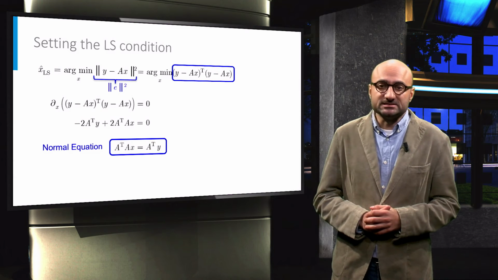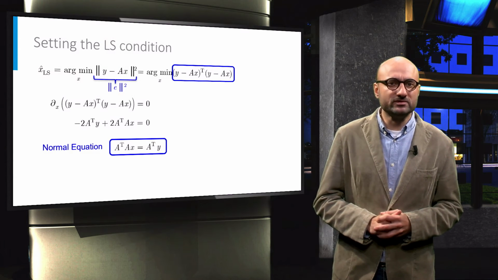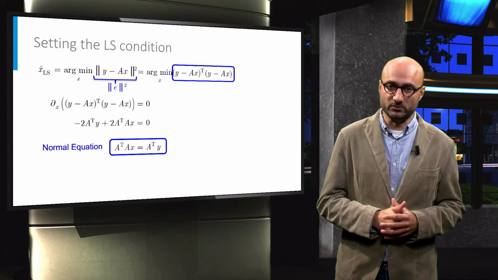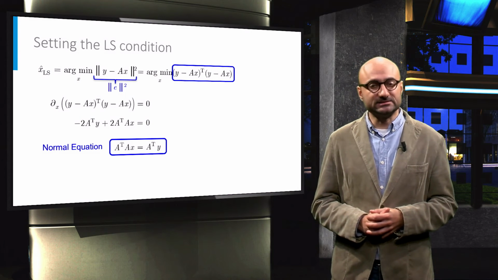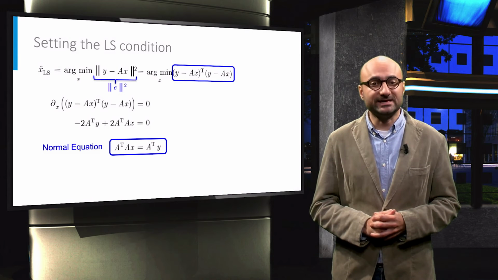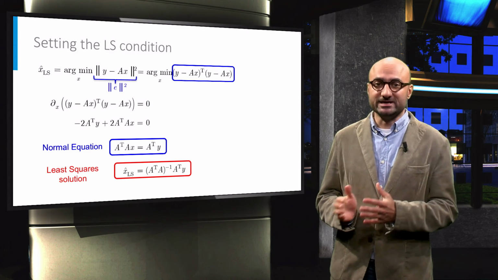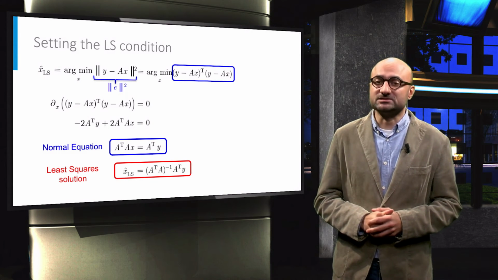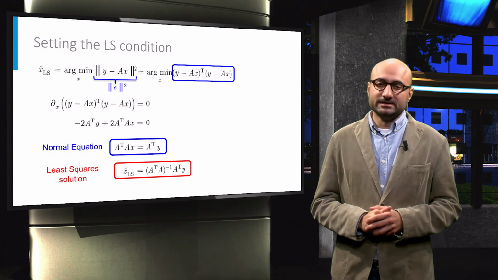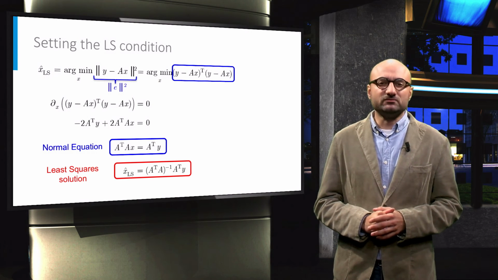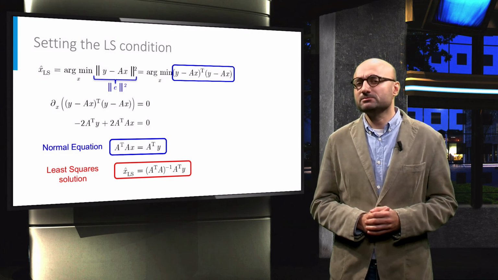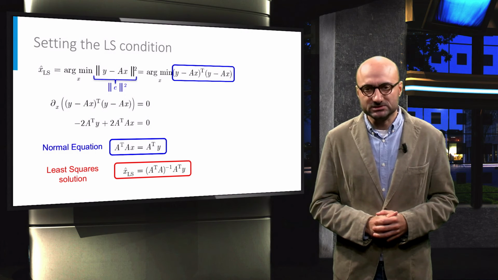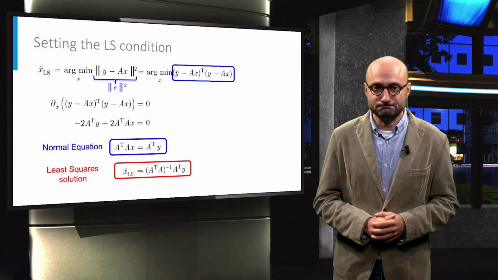The solution can simply be computed by taking the inverse of the left-hand side of the normal equation and multiplying it by its right-hand side. The least squares estimate is then computed as the inverse of A transpose A multiplied by A transpose y. Therefore, if we have an observation vector y and a design matrix A, we can simply put them in this simple equation and compute the least squares estimate of x.